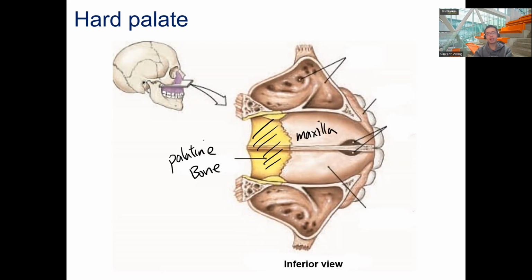Okay, so if you push your tongue out and push it against your teeth here, you are actually feeling your maxilla. And if you curl your tongue back a little bit, then you will be able to feel your palatine bone. So this whole thing is the hard palate, right? And on top of the hard palate, that's where your nasal cavity is going to be.